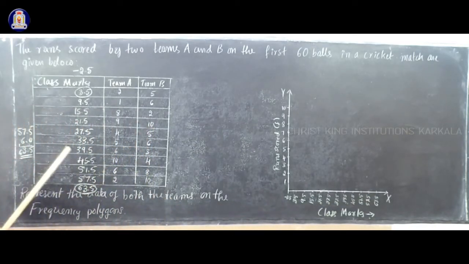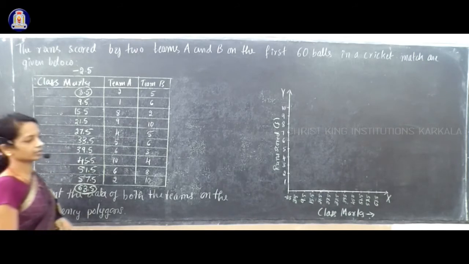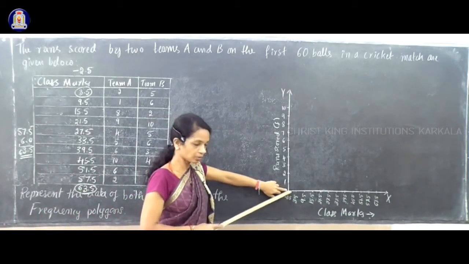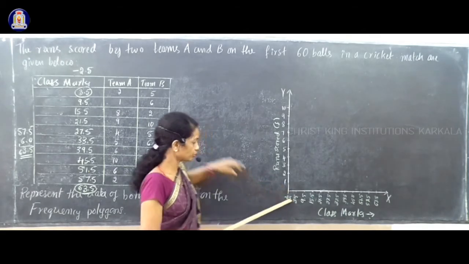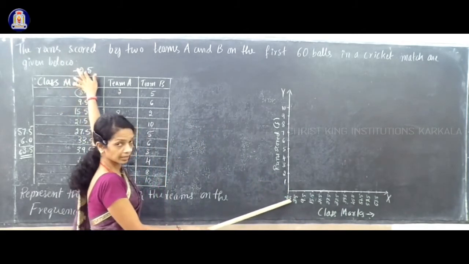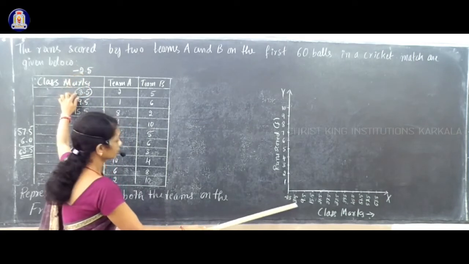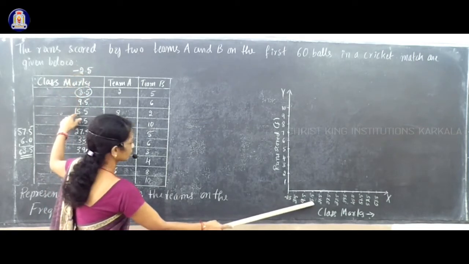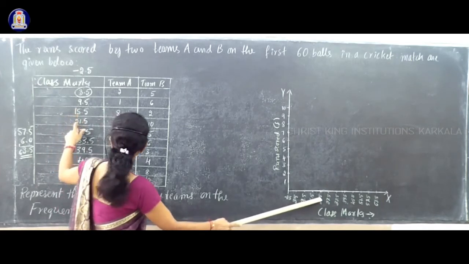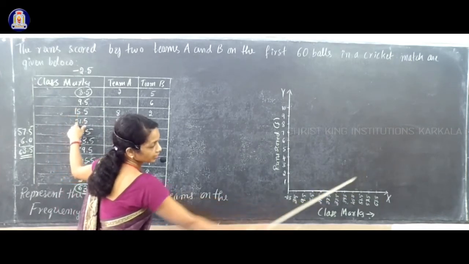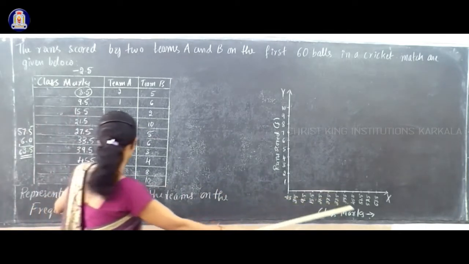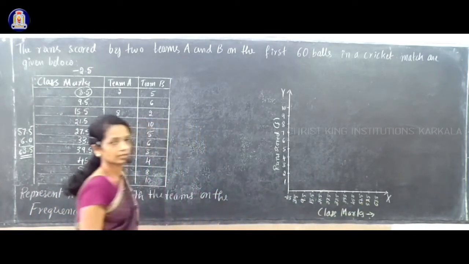So here the first class mark point, usually we take this as 0, but here you have to take this one as minus 2.5. After that 3.5, next 9.5, next 15.5, next point you will take 21.5. Like that all these class marks you have to mark on the x-axis up to 63.5.